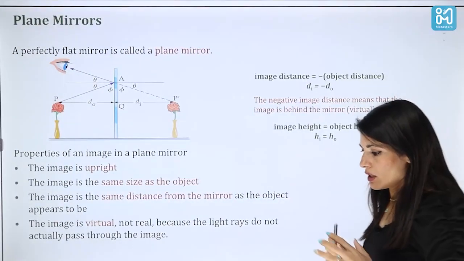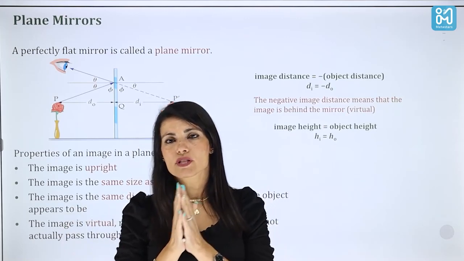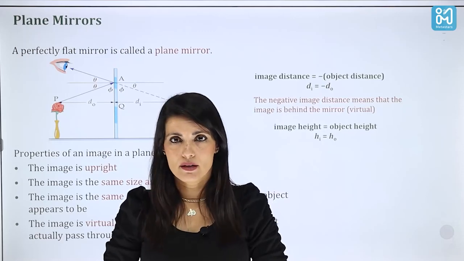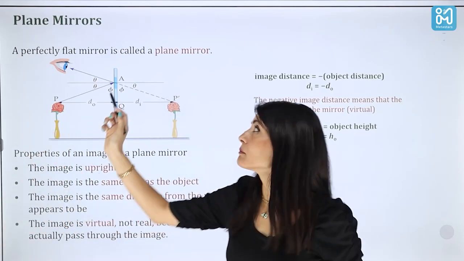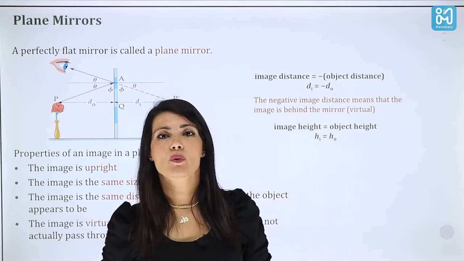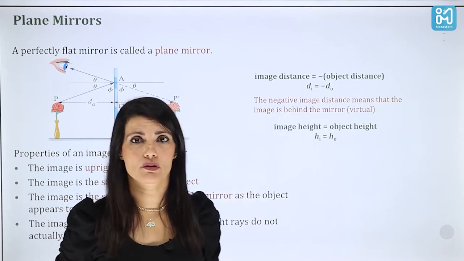Now, we have types. We will go into mirrors. We have types of mirrors, and the mirrors are either flat mirrors, which we call plane mirrors, or we can have curved mirrors, in which we have two types, and I will explain this in another lesson.